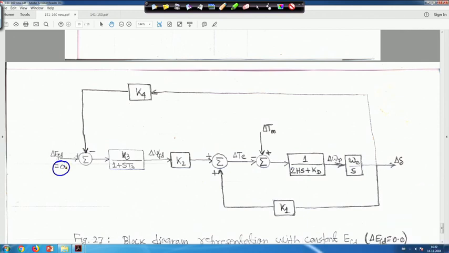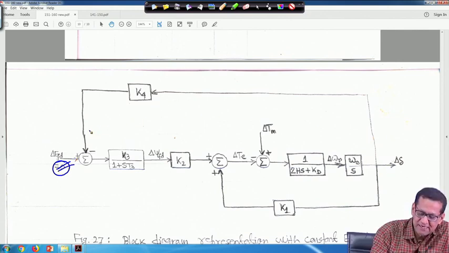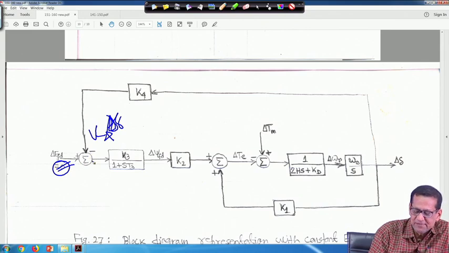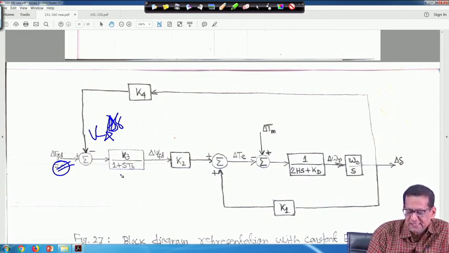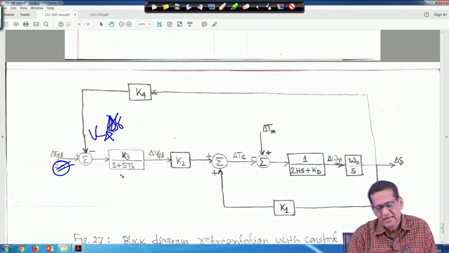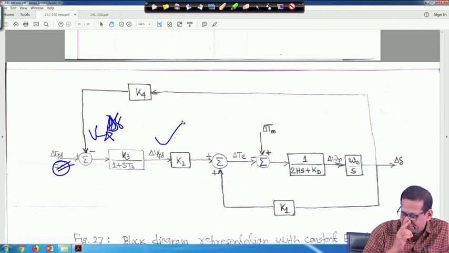That is why I have just made it delta Efd 0. You forget about this one for the time being. It is basically delta Efd minus, here the entry point is k4 delta delta, into k3 upon 1 plus S T3, and that is equal to delta psi fd.